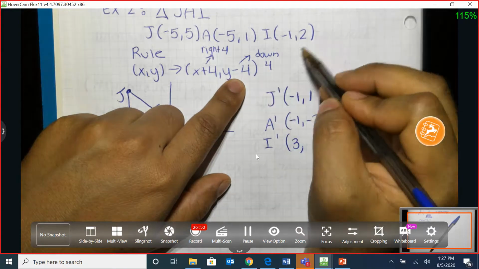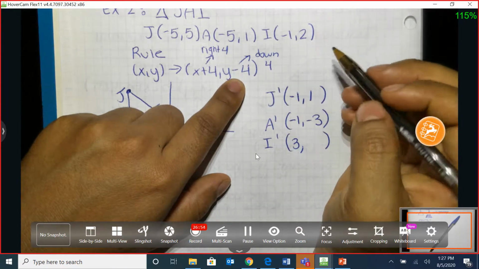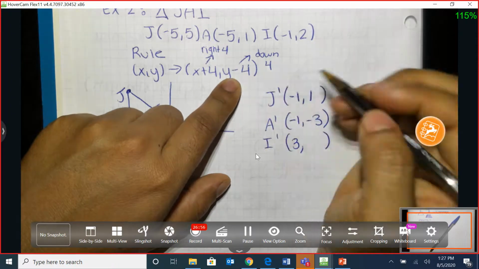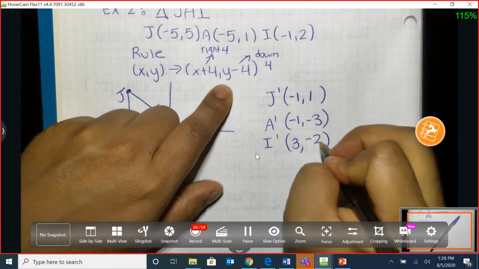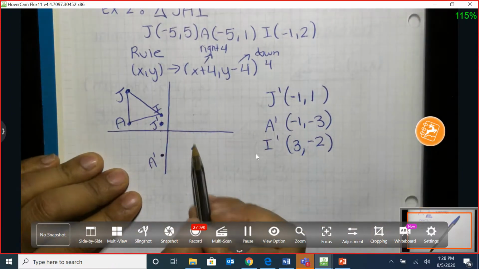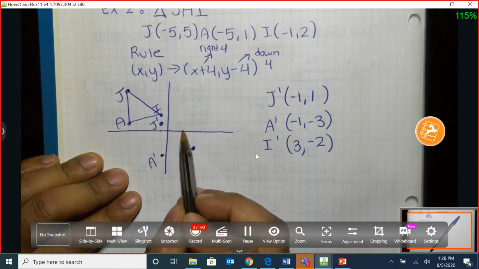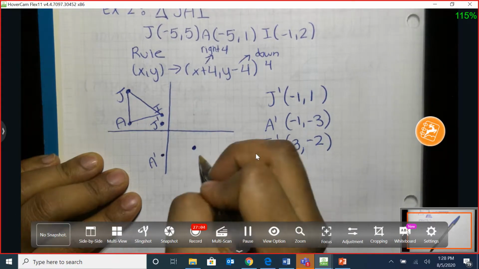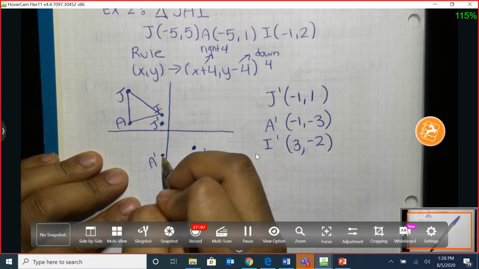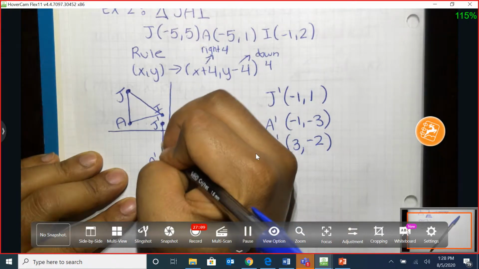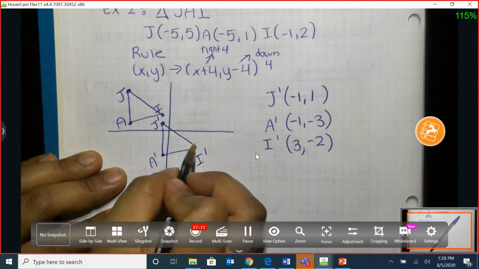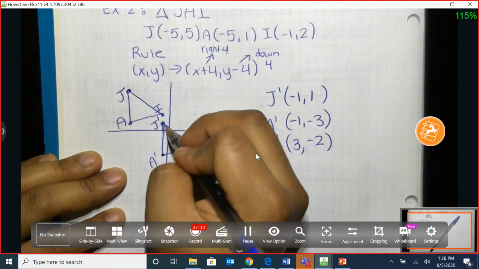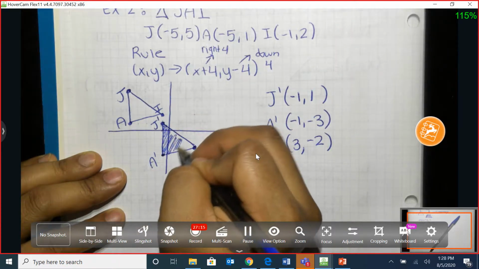I'm using the coordinate here. What is it? -2. Did that match what I have now if I did it on the graph? Well, 1, 2, 3, 1, 2, yeah. So that means no matter which way you do it, it's still going to be correct. I'm going to shade this one so that you see that this is my after image.